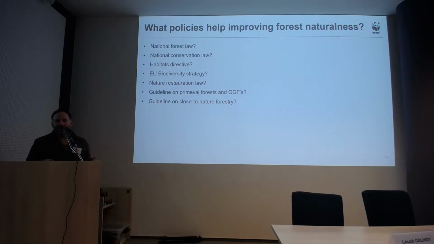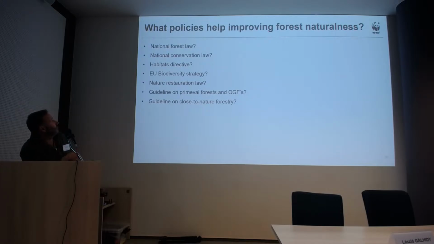But these are just very superficial prescriptions, and it doesn't change profoundly the traditional forest management method as such. So it has very little impact on naturalness. It has, but not so much.